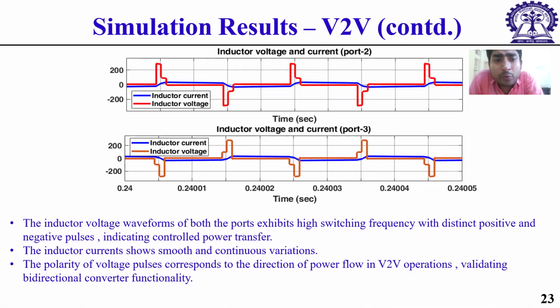And in the V2V mode, we can see that the voltage pulse is not within 200, it goes above 200. That's because there is no grid side DC voltage of 200. That's why it is going above 200 and below minus 200. And the inductor current is coming properly trapezoidal.